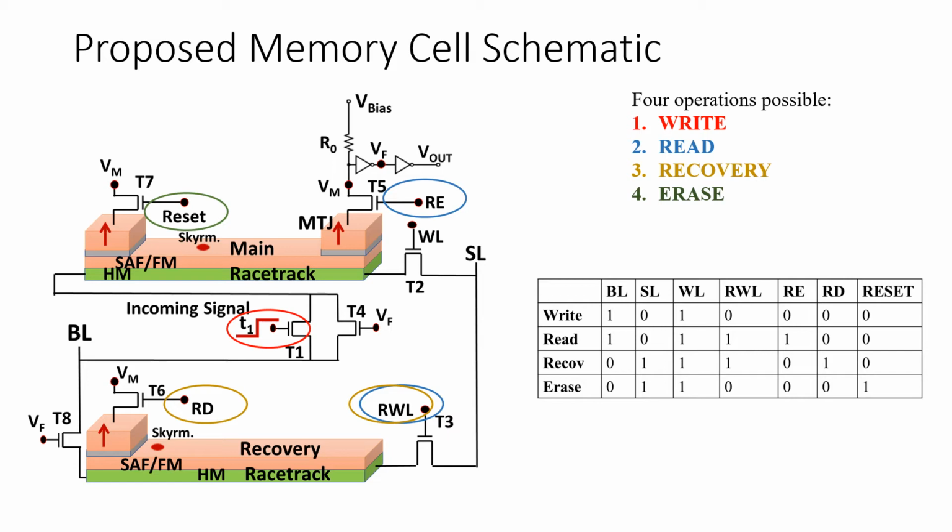So what we do is, in parallel to this driving of the skyrmion on the main racetrack, we also drive a skyrmion on a coupled recovery racetrack. The skyrmion on the recovery racetrack is always at the beginning, as it was in the right condition on the main racetrack. So we drive both of them an equal amount during the read operation.